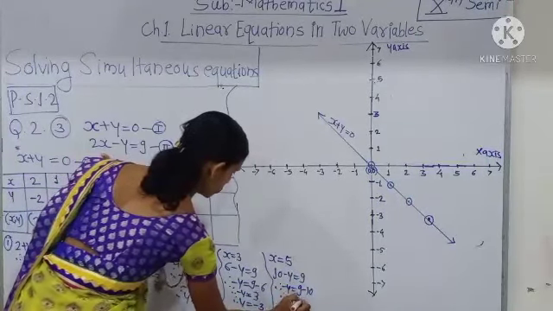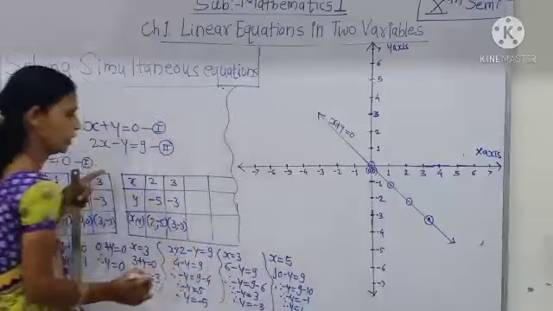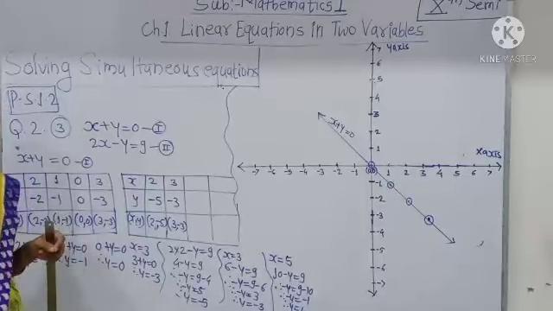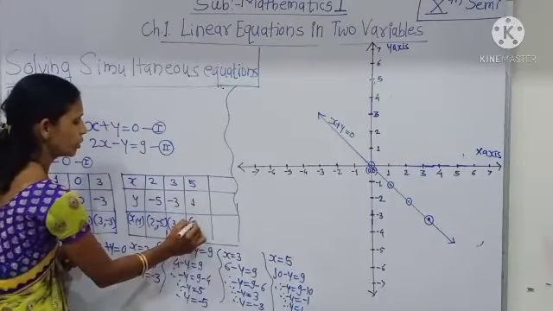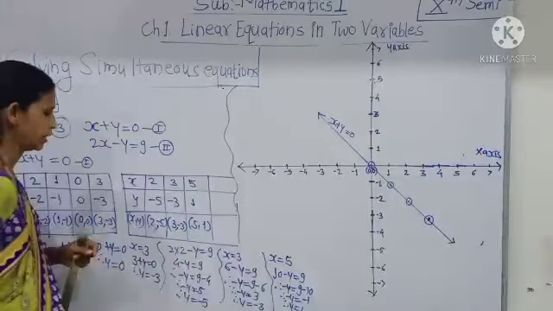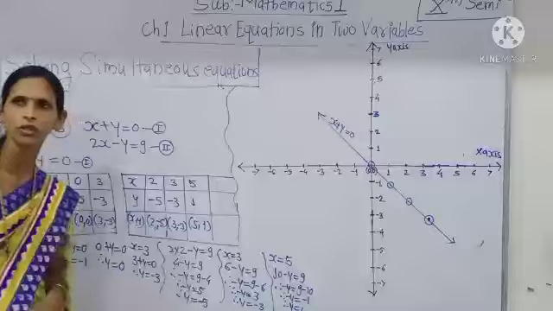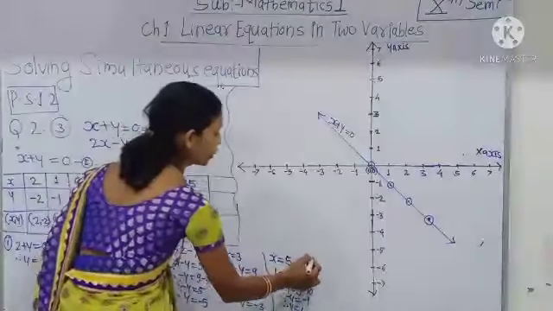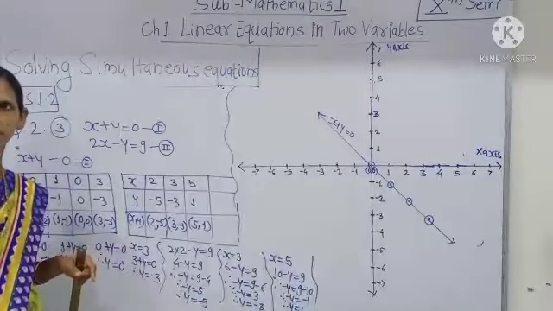Therefore, minus y is equal to minus 1. Therefore, y is equal to 1. That means if x is equal to 5, then y is equal to 1. That is (5, 1), the third set. Similarly, we can get the fourth set, or we can draw the graph using only 3 points.